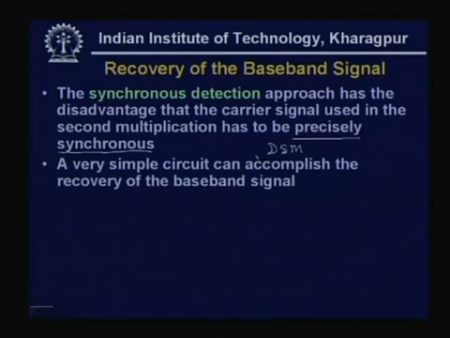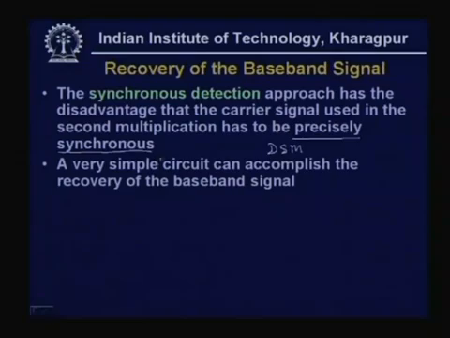If you receive the carrier, that carrier can be used to regenerate a synchronous carrier, which can be multiplied to get back the baseband signal. However, if you do not send the carrier, if you use DSBSC, then it will be very difficult to generate the synchronous carrier at the receiving end. So, this is a very difficult process.